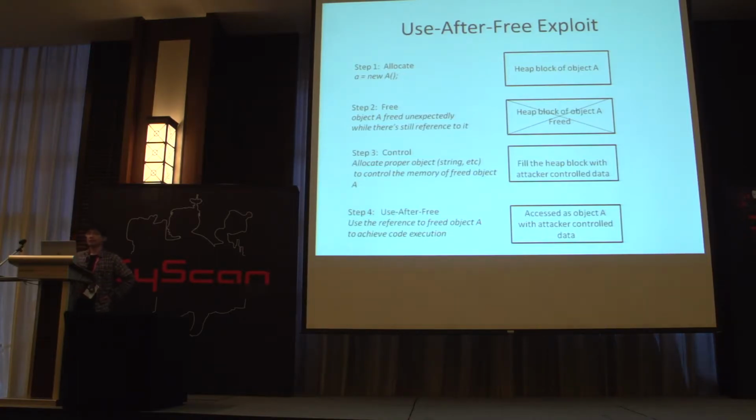For example, they will control the virtual function table of the freed object and issue a function call on this object. By doing this, the attacker can control the execution flow to where he wants.